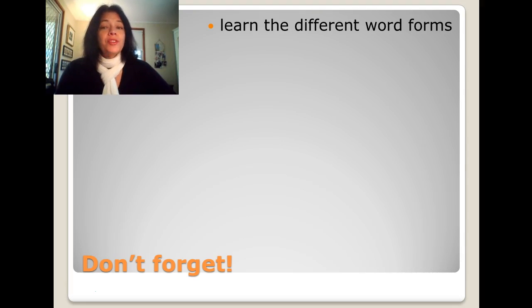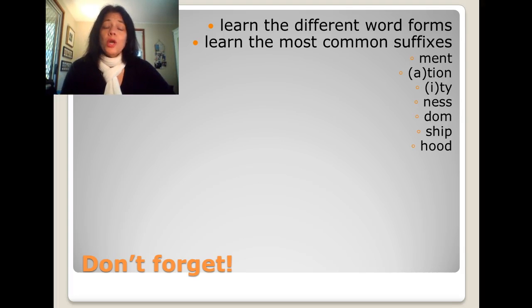So, please don't forget, you need to learn the different word forms, the adjective to the noun, the verb to the noun, and the concrete noun changed to an abstract noun. You need to learn the most common suffixes, and here they all are again.